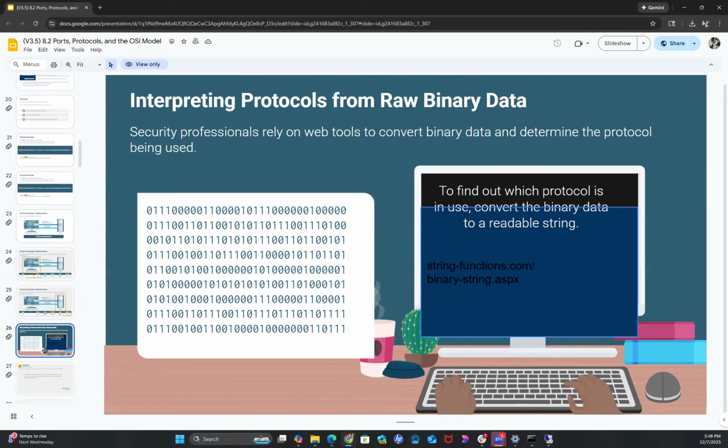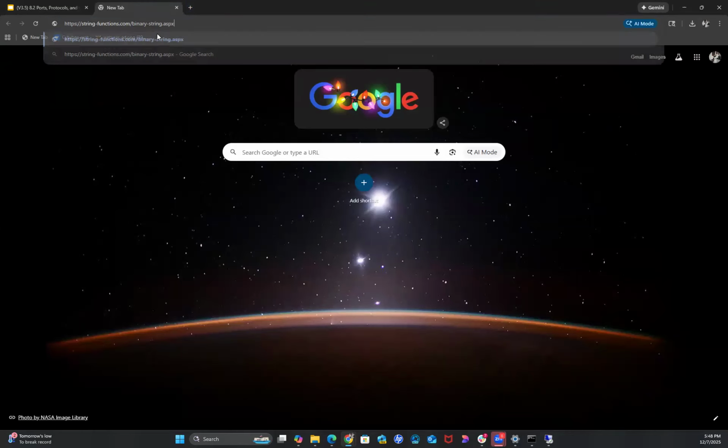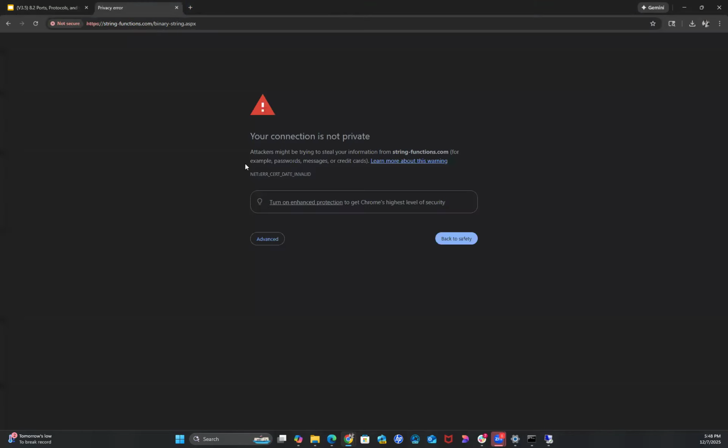So we will convert this data now. This is the service unavailable string, using a string function on the binary.